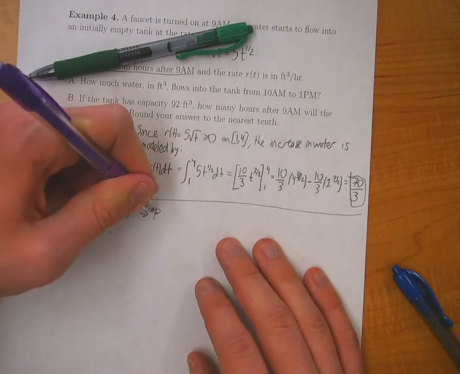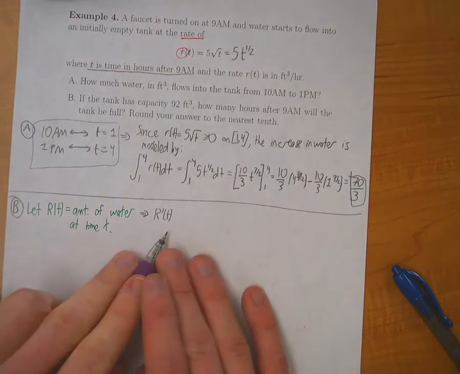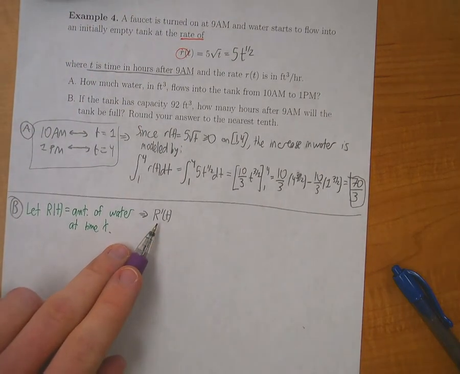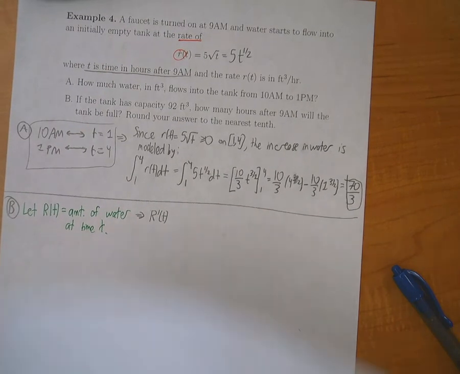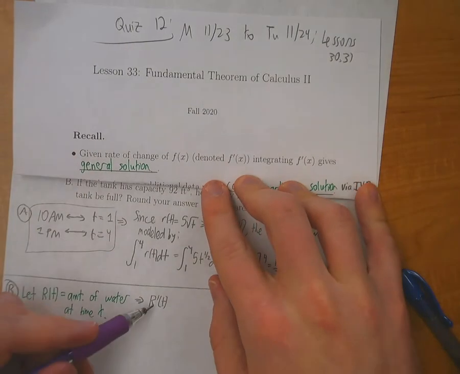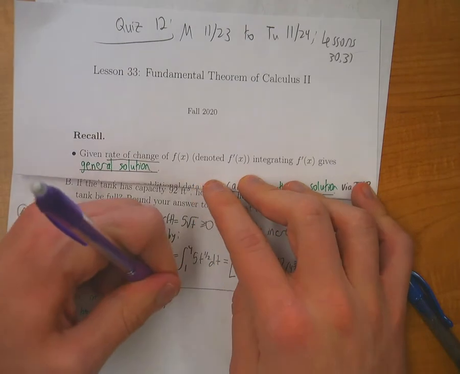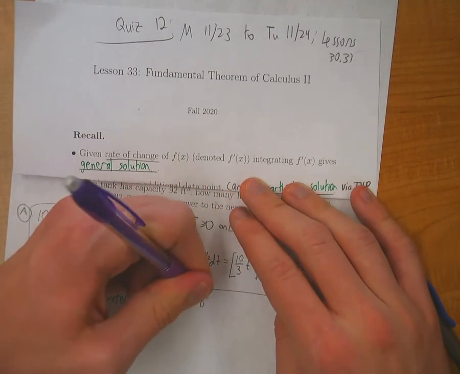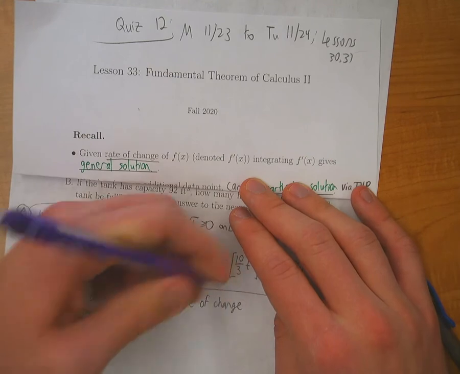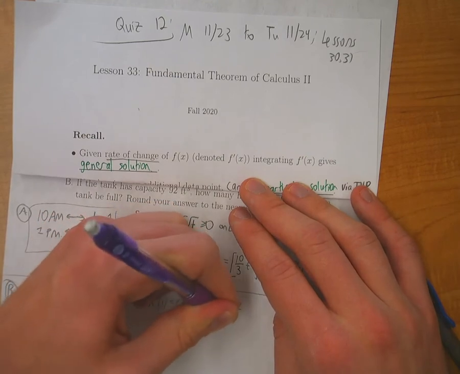If we differentiate capital R of t, then based off of what we established on page 1, we should be getting the rate of change of our function, so rates of change in amounts of water. Okay?